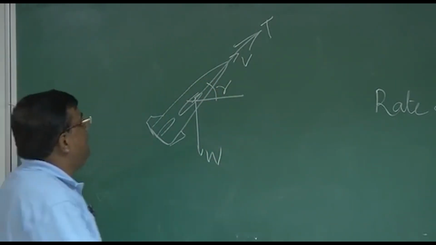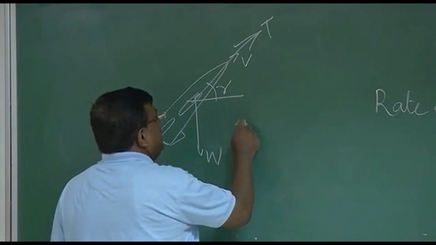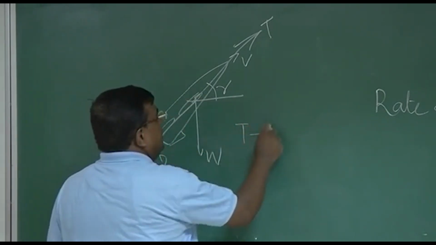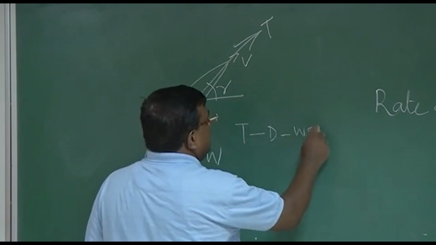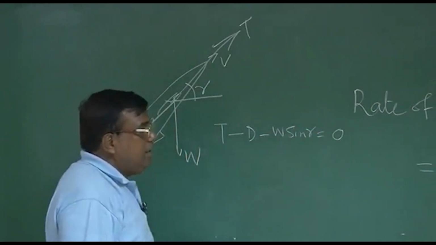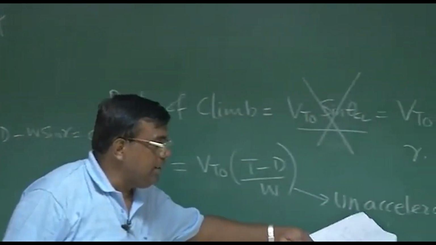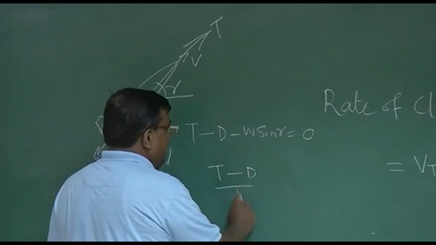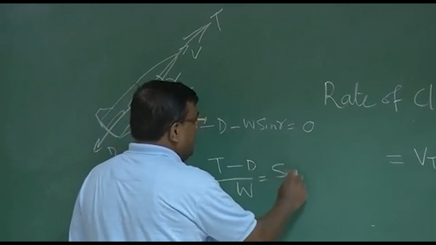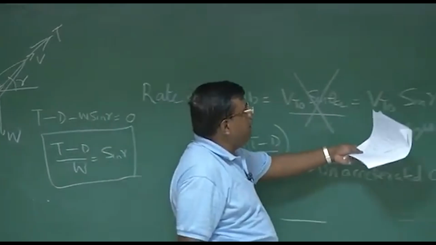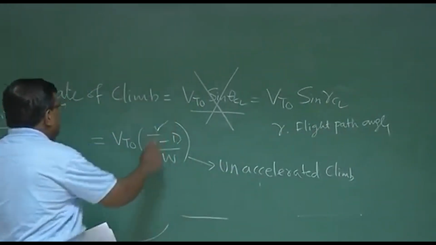So what we can write: T minus D minus W sine gamma is equal to 0 for an unaccelerated climb. So from here I write T minus D by W is equal to sine gamma. Right? So for a steady climb, I have written this expression.